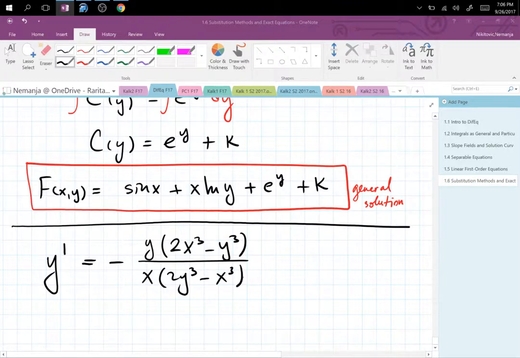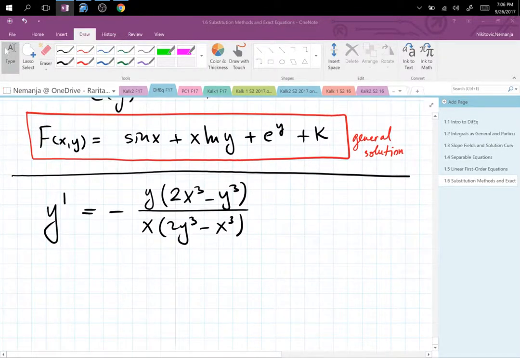I actually don't know if this will work, but look at this problem. Which means that the one before is probably an exact equation, which is what I want to check.